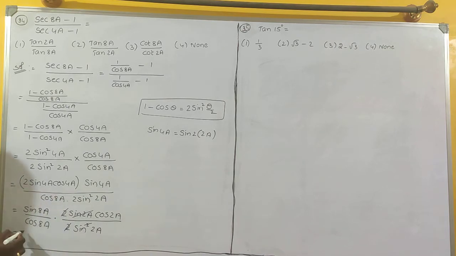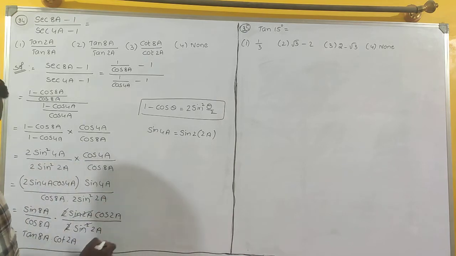Now what is remaining? Sin by cos, that is nothing but tan. Cos by sin, that is nothing but cot. If cot goes to the denominator, it becomes tan.